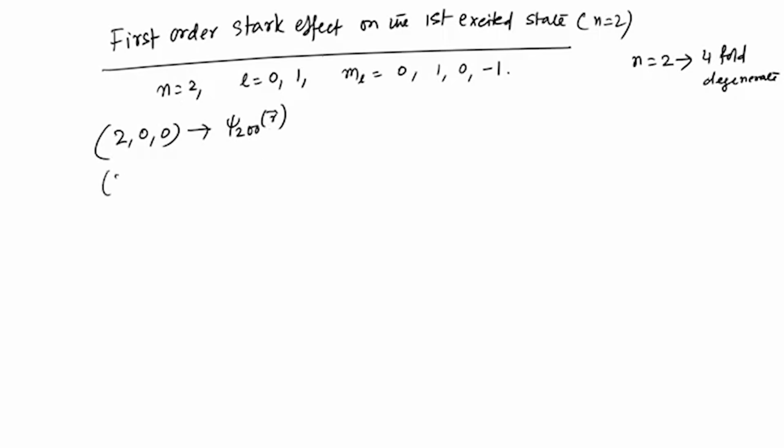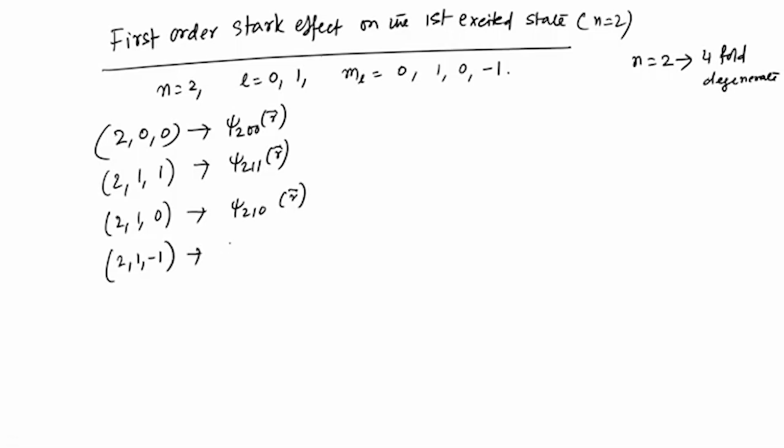If n equal to 2, then L equal to 1, ML can be equal to 1, and let us call that psi 211. We will use them in some order while doing the calculation. Then we have 2, 1 and 0, which we call psi 210, and then the other one as 2, 1 and minus 1, psi 2 1 minus 1.